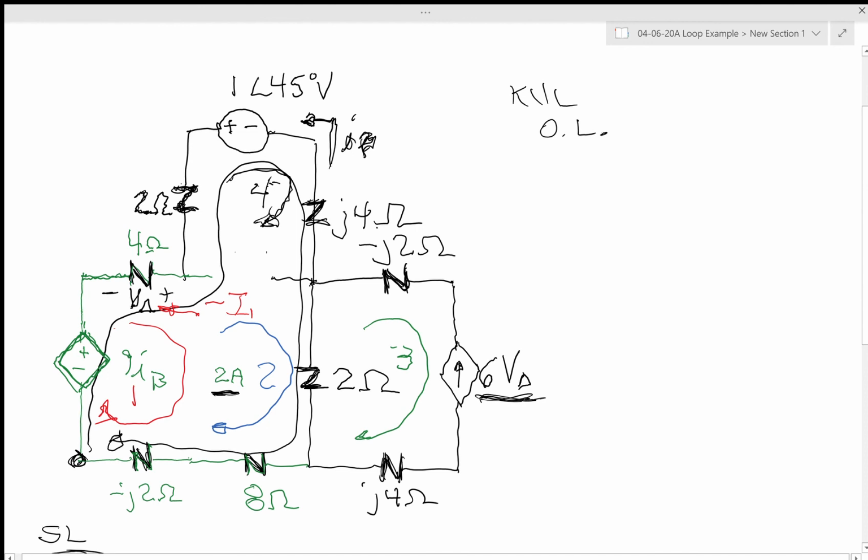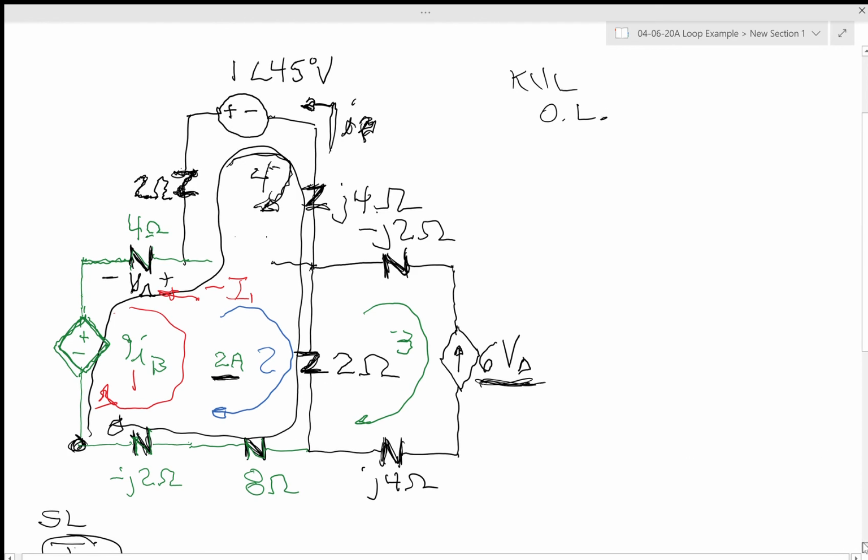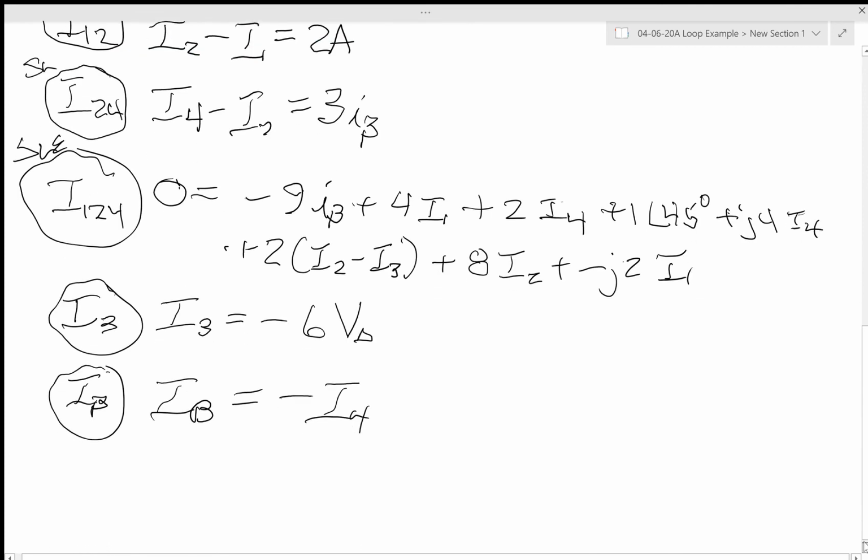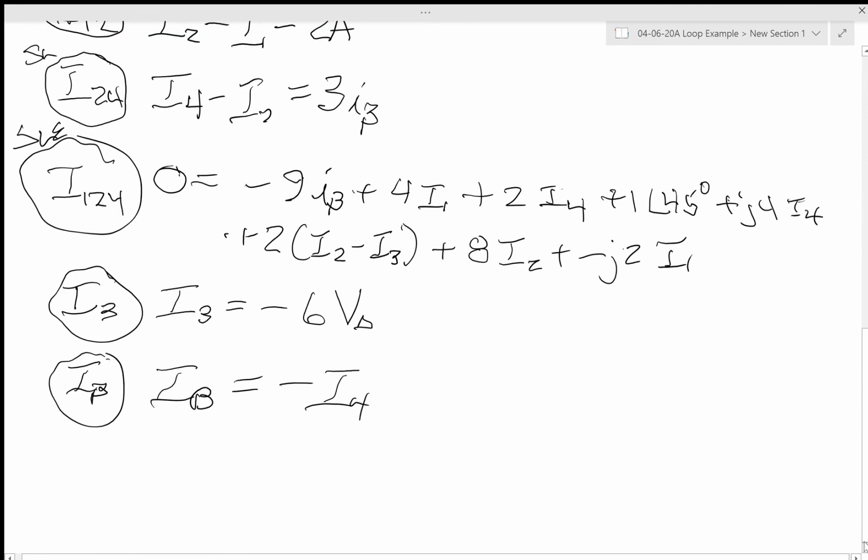Ohm's law states that the current has the plus sign of the voltage drop. So the V delta equation is going to be minus I1 times 4 ohms.